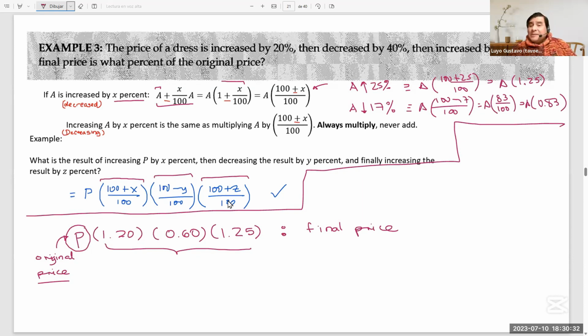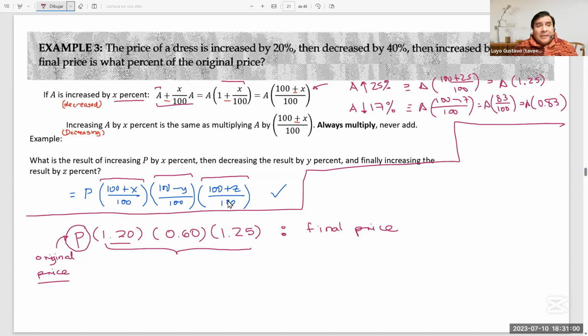Increasing it by 20% is multiplying by the factor 100 plus 20 over 100, or 1.2. Then decreasing by 40% is the same as multiplying by the factor 100 minus 40 over 100, or 60%, or 0.60. And increasing by 25% thereafter is the same as multiplying by 1.25.